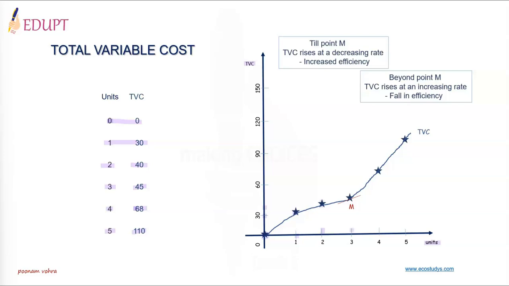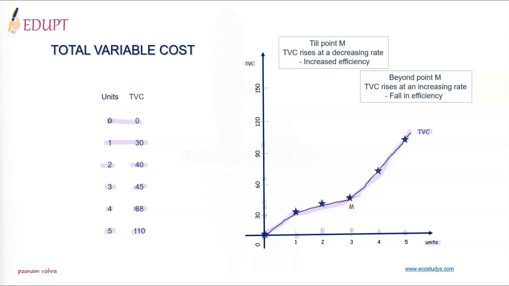At 3 units, 45. At 4 units, 68. At 5 units, it is 110. So by joining these points, one gets an inverted S-shaped curve, which is total variable cost curve. This is derived from the behavior of total product implied in the law of variable proportions.